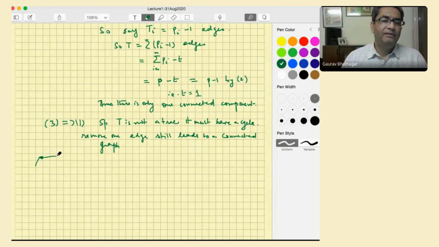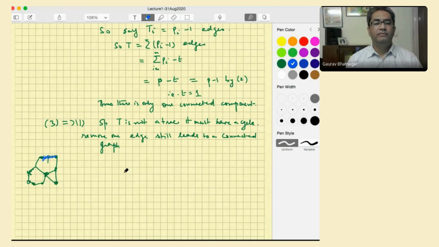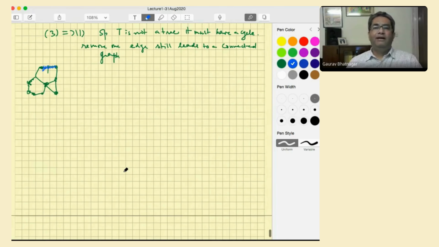So I have some graph, and I have a cycle in that graph. I just remove one edge. I remove this edge. I'll still have a connected graph, right?